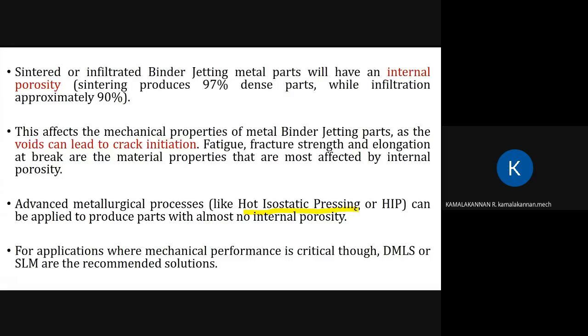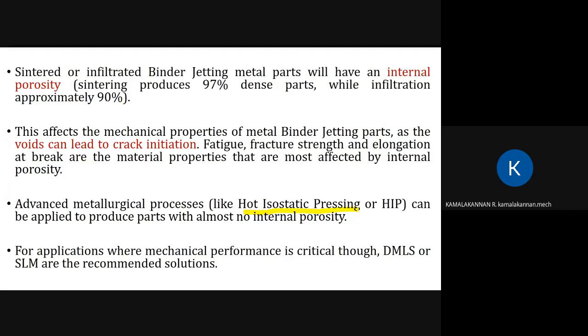So the material will be pressed in a hot state, so that the material will bind together well. So that is what is called hot isostatic pressing. You can do such a process to improve the mechanical properties.